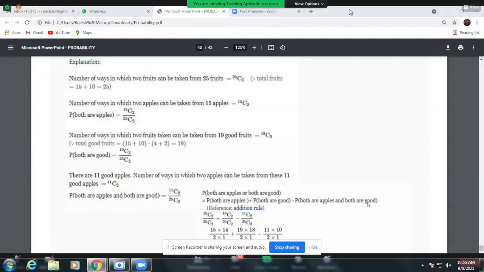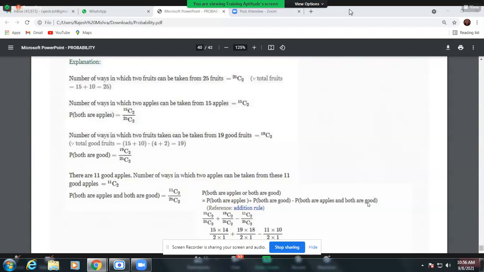Why is this happening? आप एक बार फिर से इस बात को समझें. देखिए फ्रूट्स के बास्केट में 15 एप्पल्स थे और 10 ऑरेंजेस थे, राइट? Now what is the question suggesting? It's suggesting that 4 apples and 2 oranges are rotten, which means 11 apples are good.